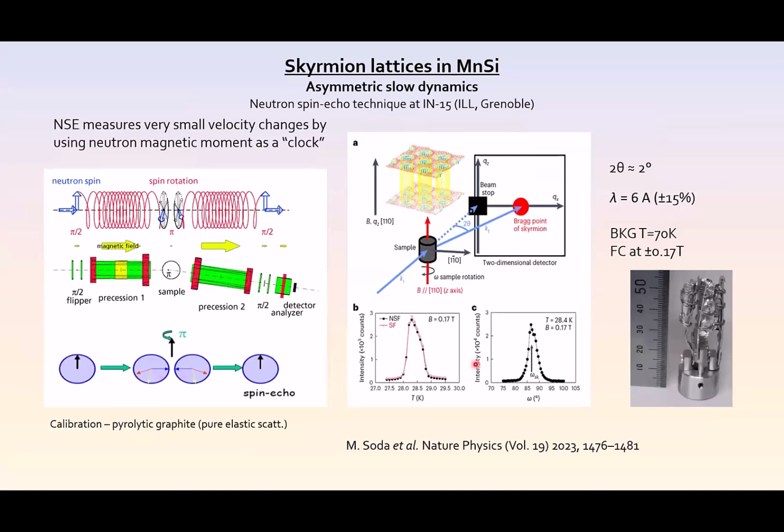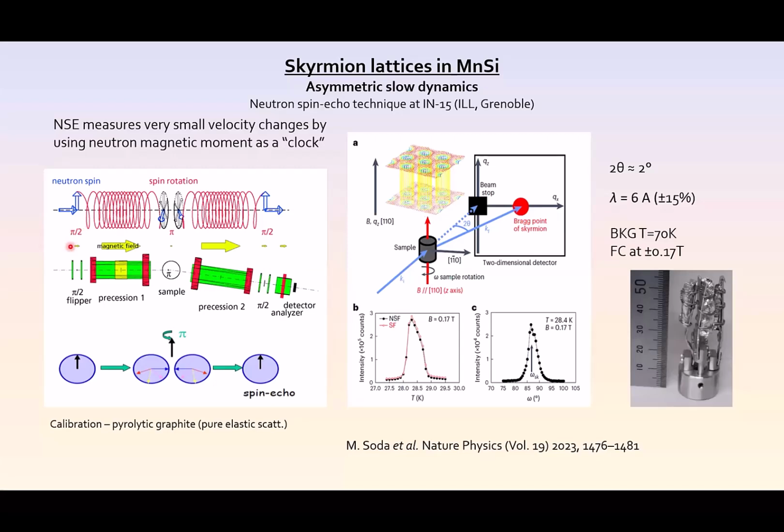So we used the neutron spin echo technique, which is based on the principle that a neutron can be rotated while it flies in a monochromatic beam. It means all neutrons have roughly the same velocity. But in a magnetic field, it starts to rotate.